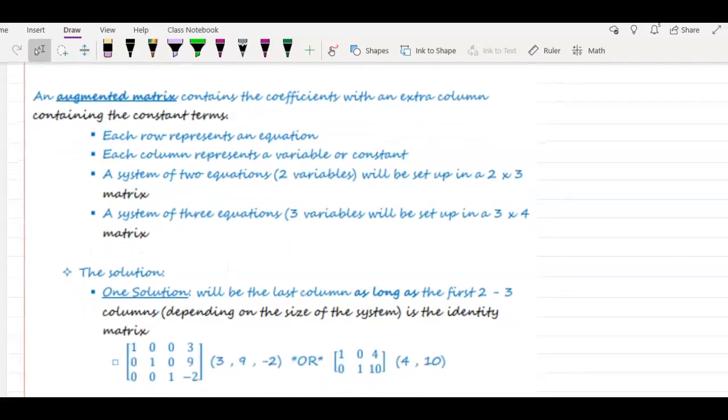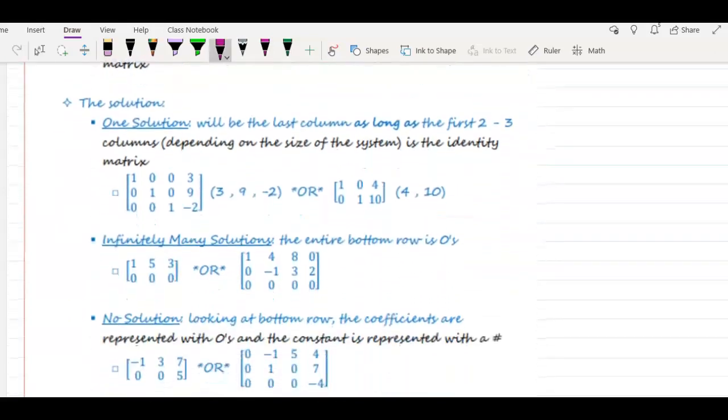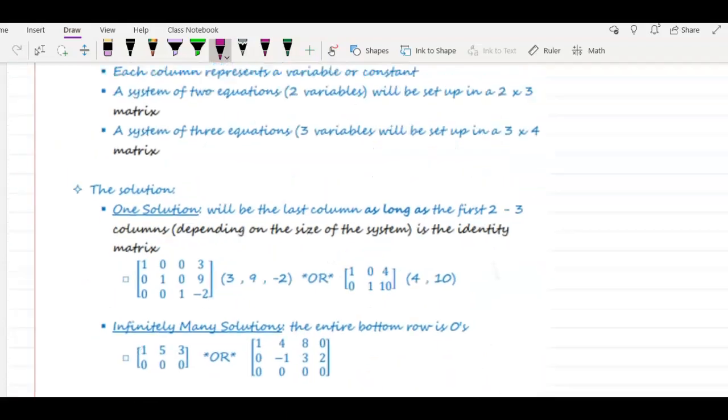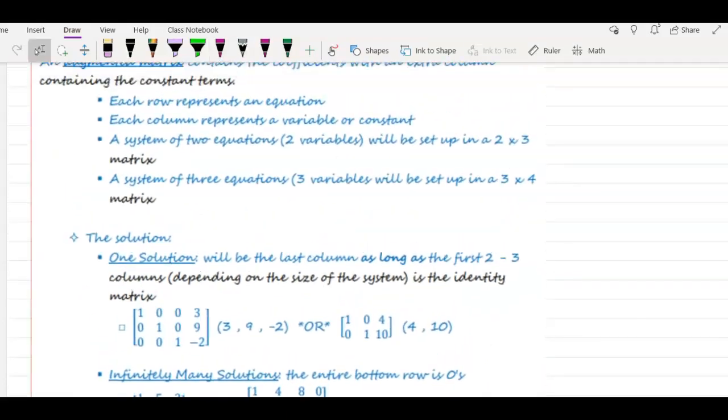A matrix you can think of as an organized little chart or table. And we can take each equation in our system and create a row in our matrix. And then the columns, think about architecture.